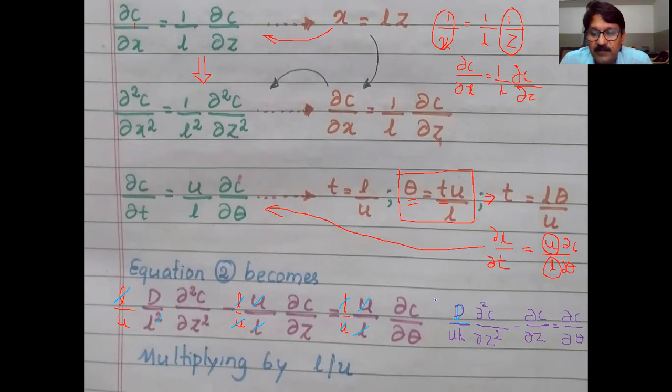This is what is called a dispersion model. So what is the value you are looking for? This is the value you are looking for: D by uL. D by uL is a dispersion number. That's it. So that dispersion number will tell you the extent of dispersion.